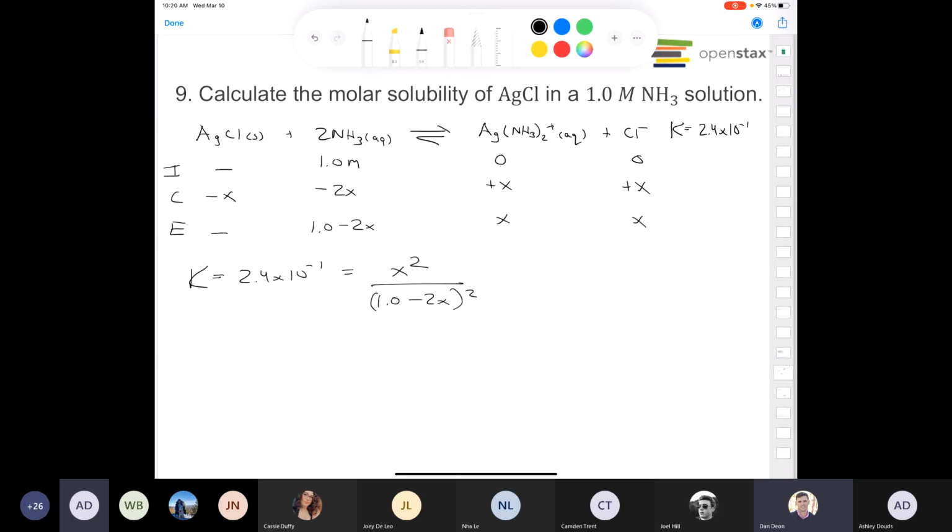This one is easy. You don't even have to worry about an assumption because you can avoid the quadratic really easily on this, right? All you'd have to do is take the square root of both sides of the equation.